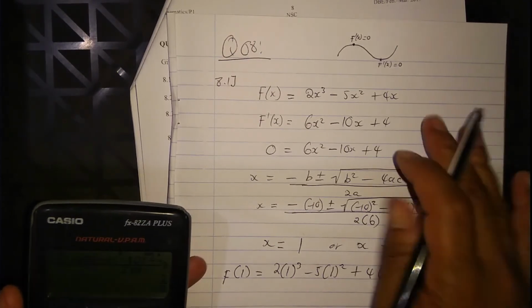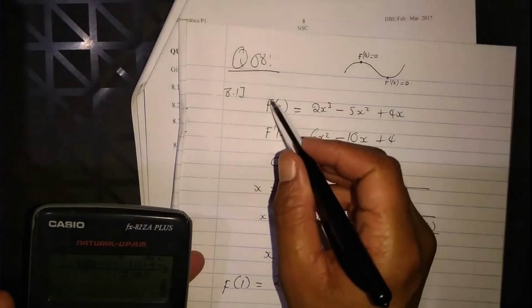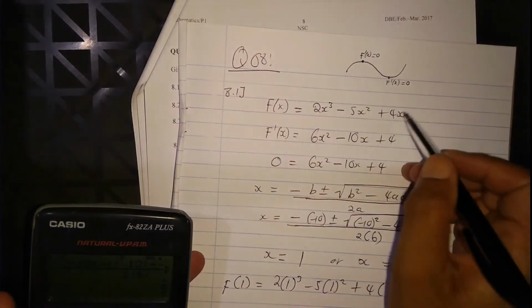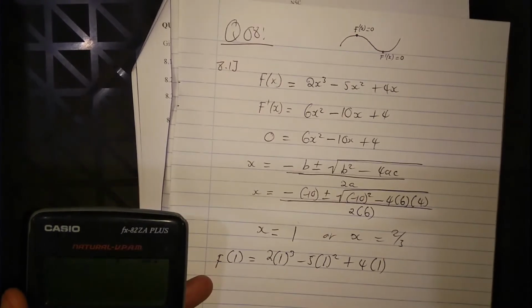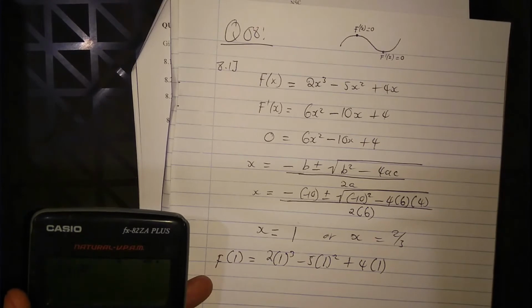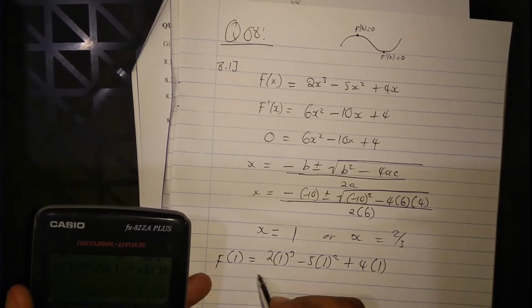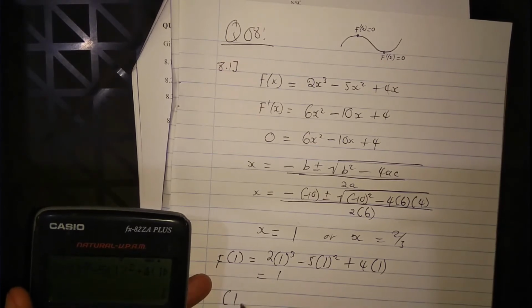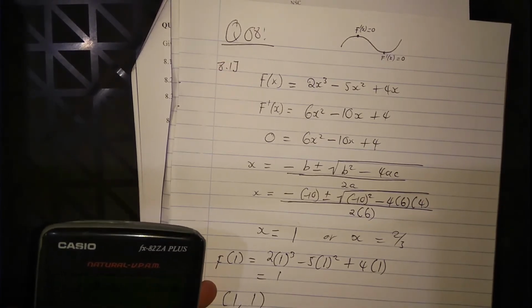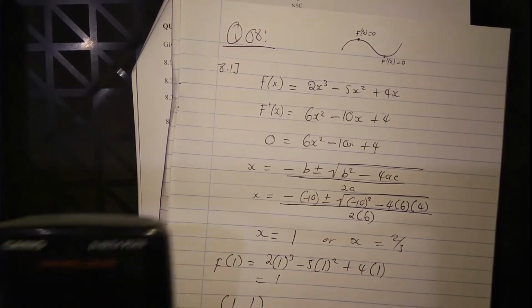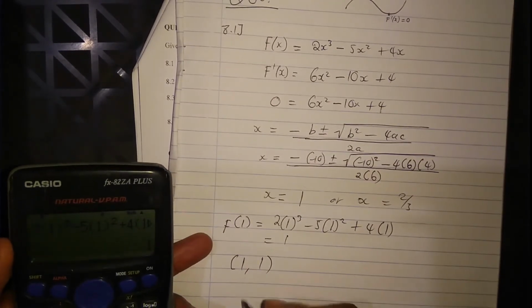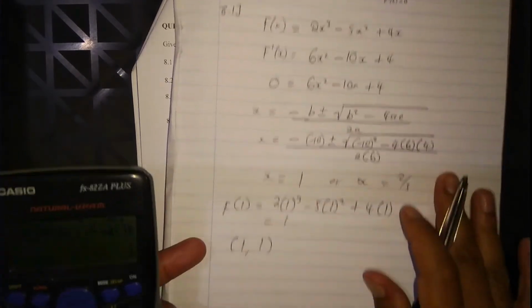And now in the original equation, I mean f of x, not f prime x, but f of x: 2 open bracket 1 cubed minus 5 times 1 squared plus 4 times 1. Our answer is equal to 1. So the first turning point is 1 and 1.